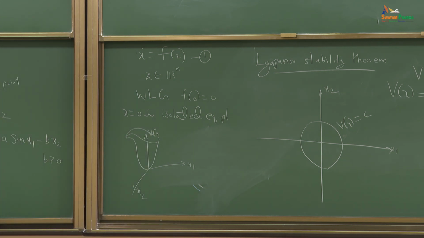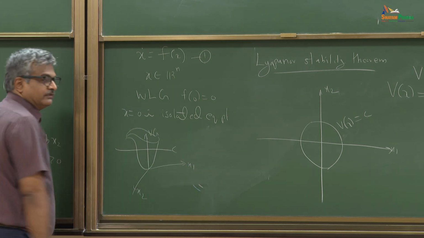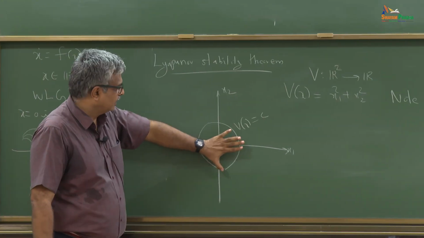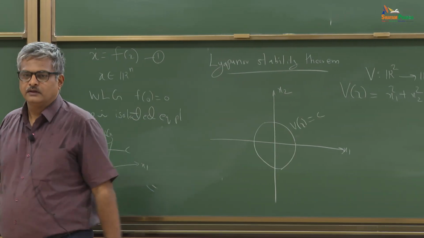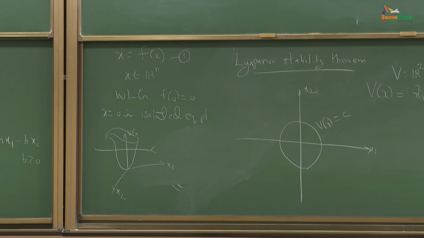What I have done here is taken a section. This value is C, and I have projected it onto the x1, x2 plane, and this is how it looks. This visualization is very important.